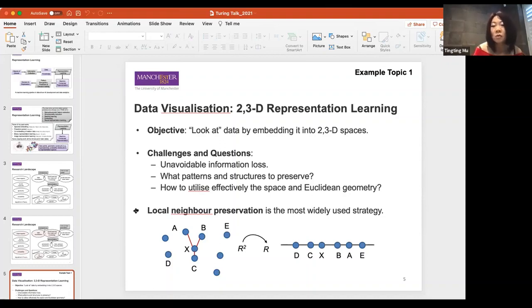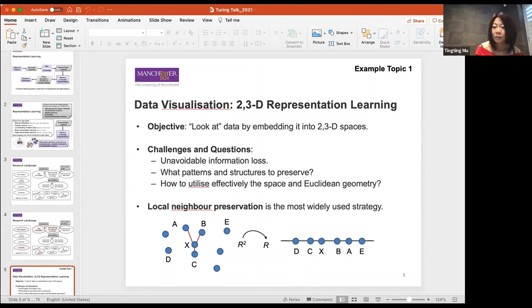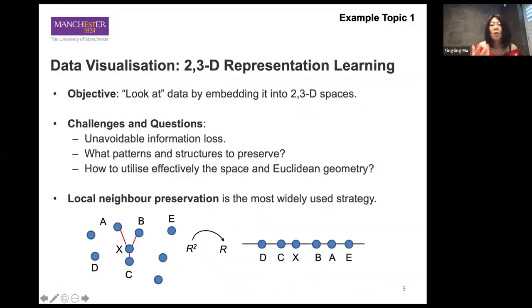When you cannot preserve all the information contained in your data, you have to make a choice. The question is what patterns or data structures you need to preserve, and how to utilize the Euclidean geometry in the representation space to communicate the selected data patterns and structures.